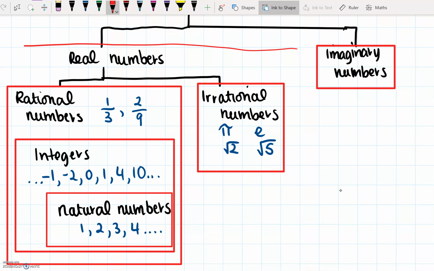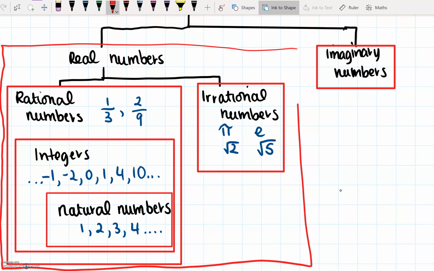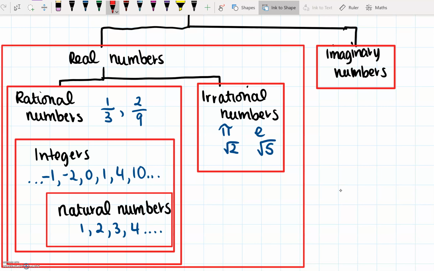We should probably put a big box around this whole outside here. So all natural numbers are also integers, they are also rational, and they are also real. All irrational numbers are also real numbers. All integers are also rational numbers, and they are also real. So these are categories that they can fall into multiple categories.